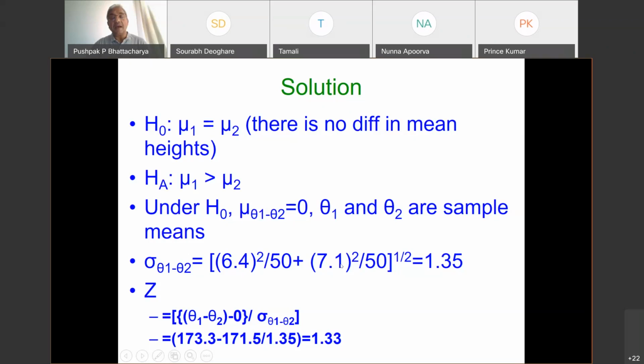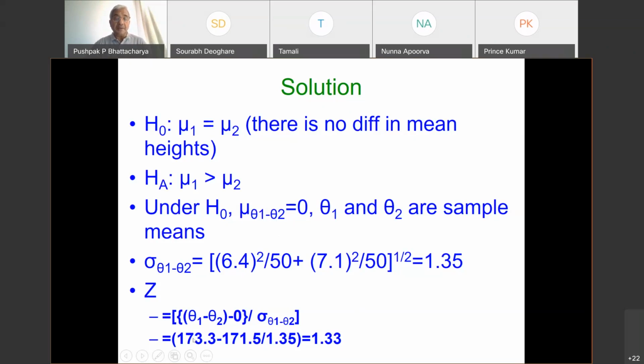And 7.1 squared divided by 50 is the variance for the non-athlete population. So we have to add the variances and take their square root to get the standard deviation of the random variable we are interested in. Reminding you that we are interested in the random variable theta1 minus theta2, which varies from sample to sample.